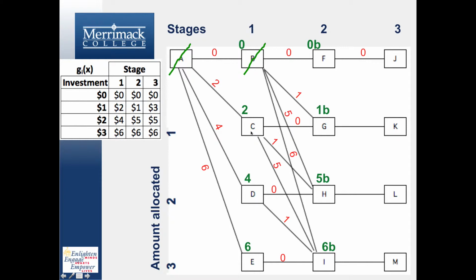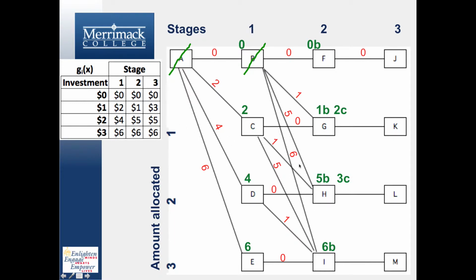So I can cross that off. And now I can travel from node C. So I had 2, and I didn't invest any more, so I don't get any more return. It's just 2. I had 2 here, and if I come down here, I add 1, right? That's the return on the investment by giving $1 million of investment to stage 2.